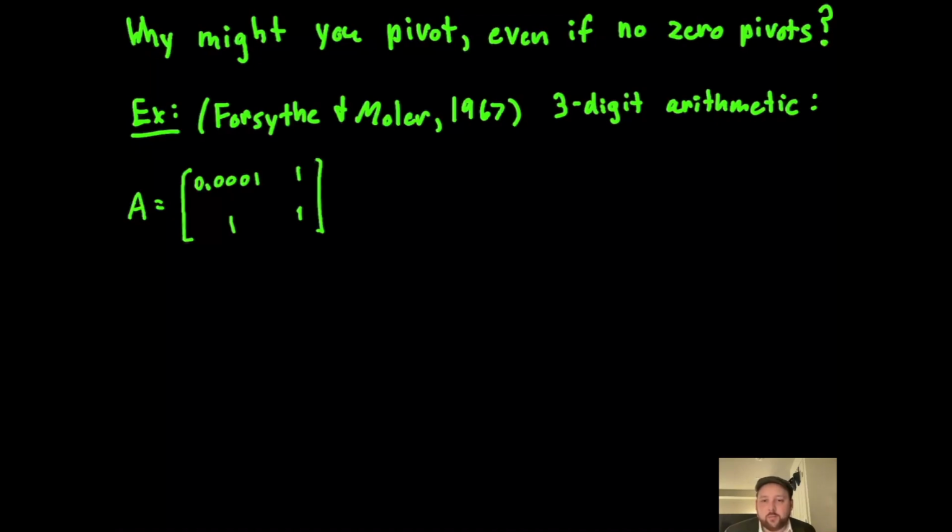Now, there's actually a more pernicious type of problem that arises in, say, computational math or numerical linear algebra, which is I might not have zeros, say, due to floating point. I might have something that's very close to 0. And in this case, you might actually still need to pivot to guarantee accuracy in your solution.